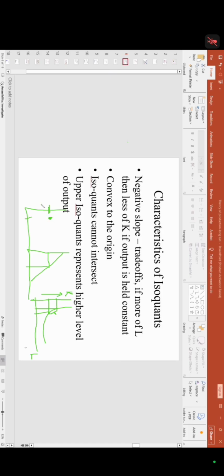So likewise, you are going to have different kinds of methods to produce your particular output. So that will automatically come as a curve like this. So if you take one particular point, it will emphasize that if you are increasing this much of capital, you have to decrease this much of labor.